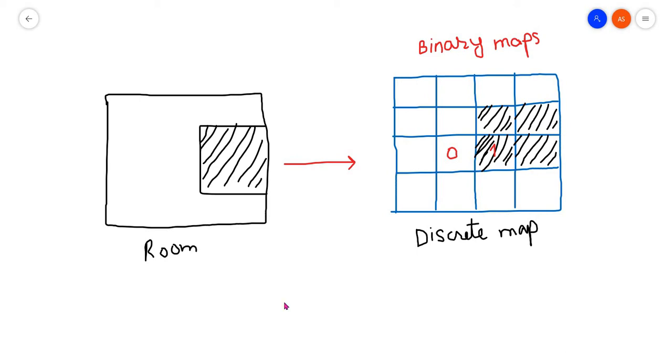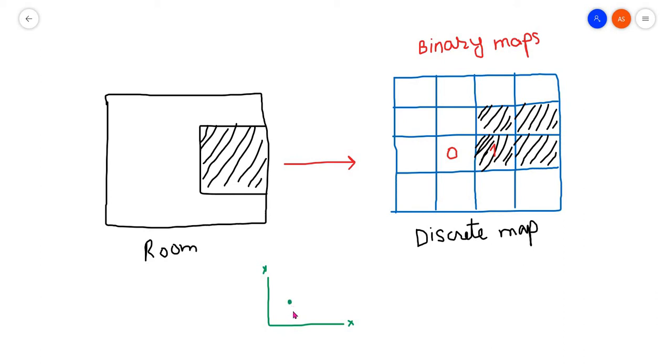If you are still not clear about this, I can make something like this. For example, this is your map, and this is your x-axis, and this is the y-axis, and this is the obstacle origin.